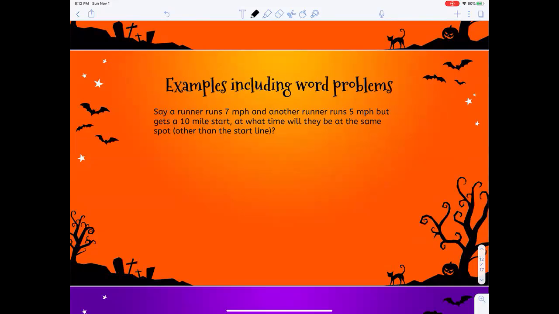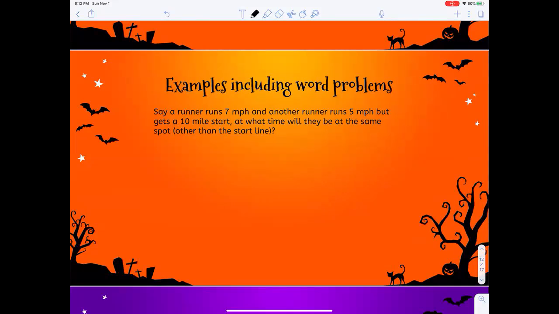Your friend runs 7 miles per hour and you run 5 miles per hour, just because you know that you run a little slower. 5 miles per hour is slower than 7 miles per hour, so you get a 10-mile head start. So say a runner runs 7 miles per hour and another runner runs 5 miles per hour, but gets a 10-mile start. At what time will they be the same?